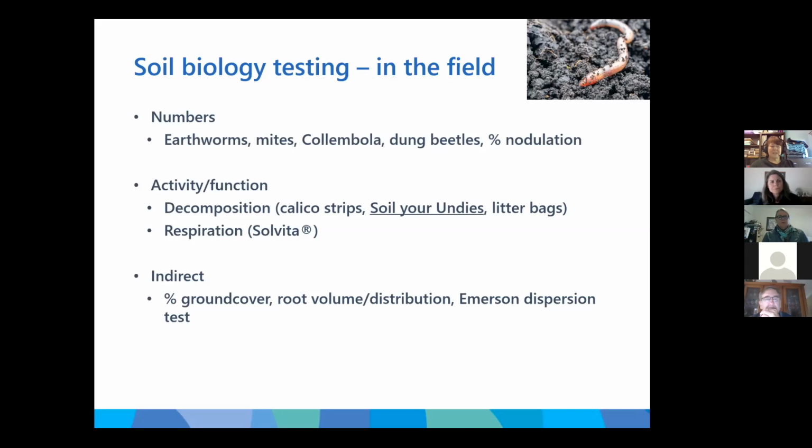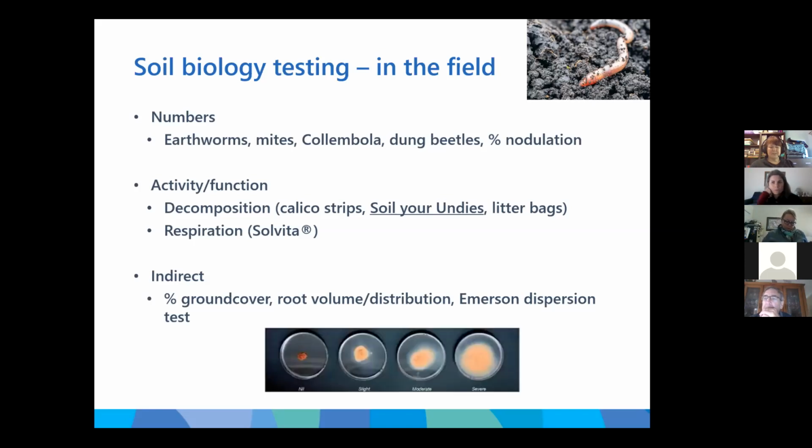There are a couple of indirect measurements. We can look at percent ground cover. We can take the spade and dig out and have a look at root volume and distribution, and even just do an Emerson dispersion test to put an aggregate in a petri dish in water and see how much it disperses.